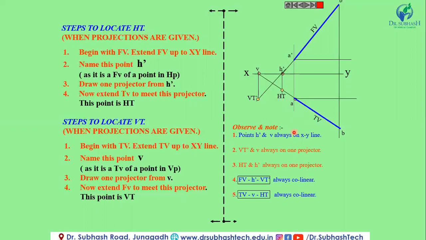In the front view, H dash and VT are always collinear, and similarly in the top view, HT and V are always collinear. So these are the different facts regarding the traces of the line. You have to remember this. These points are used to solve examples. Let us see an example regarding this.